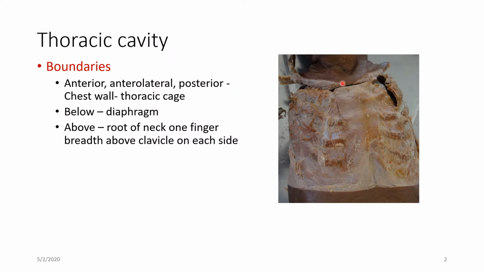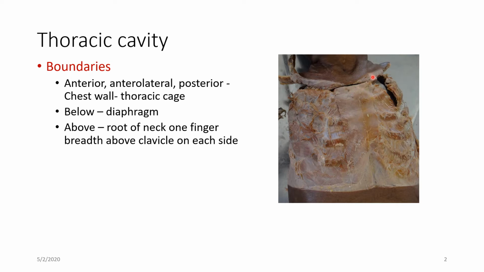So what you are seeing here in this picture is the boundaries of the thoracic cavity. So this is the sternum and attached to it the costal cartilages and ribs you are seeing, all together forming the thoracic cage by joining with the vertebra posteriorly.